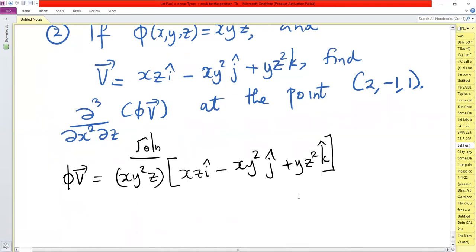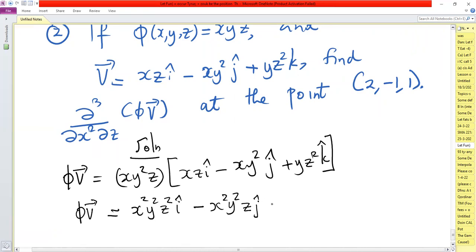And when you multiply, you get phi v is given by x squared y squared z i, minus x squared y squared z j, plus x y cubed z cubed k. What you're doing is simply multiplying each component of these three vectors i, j, and k by x y squared z.